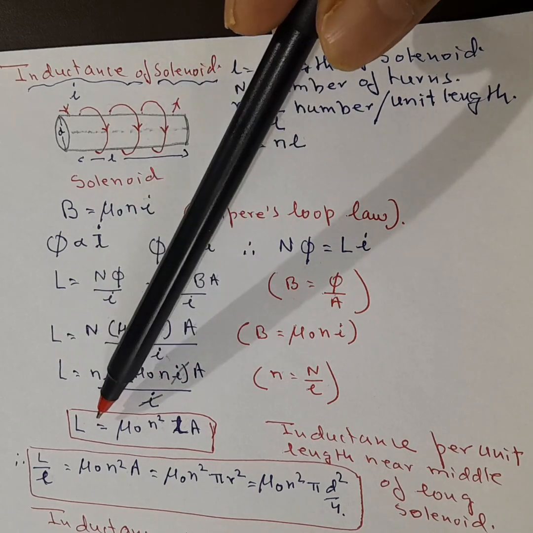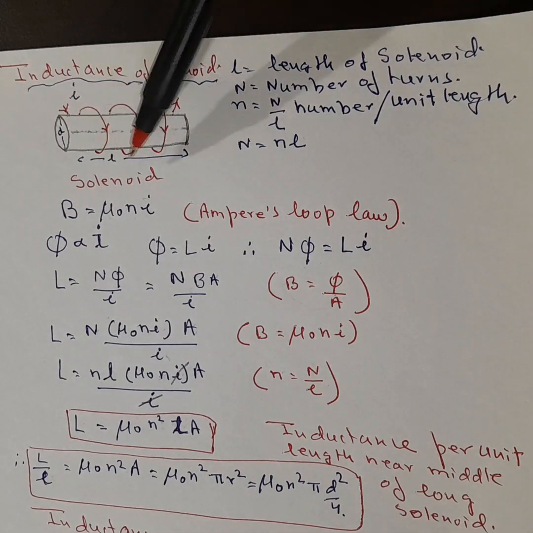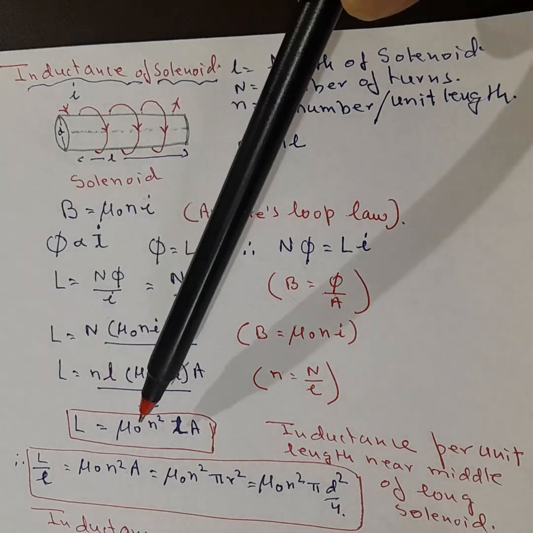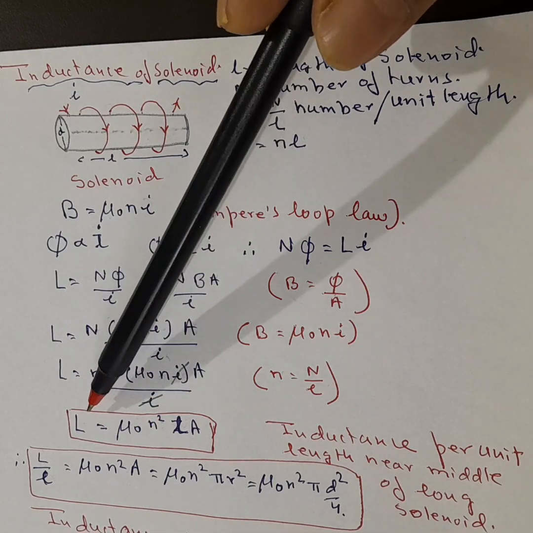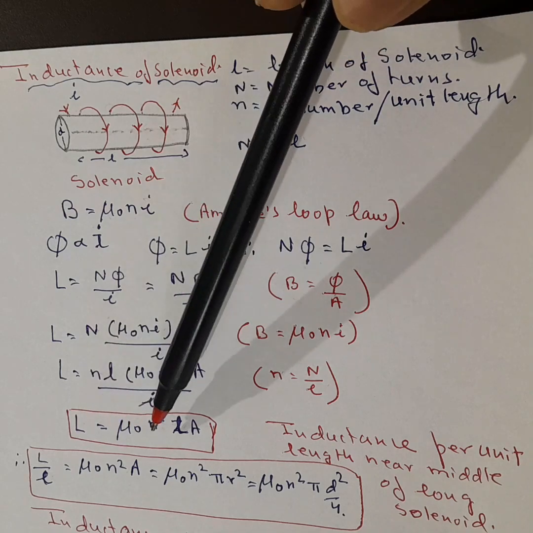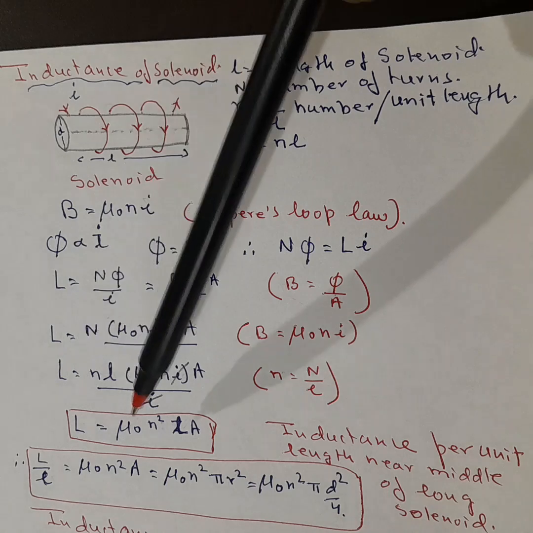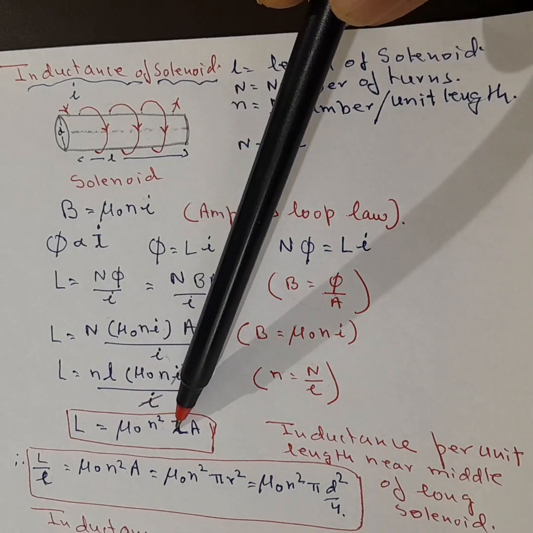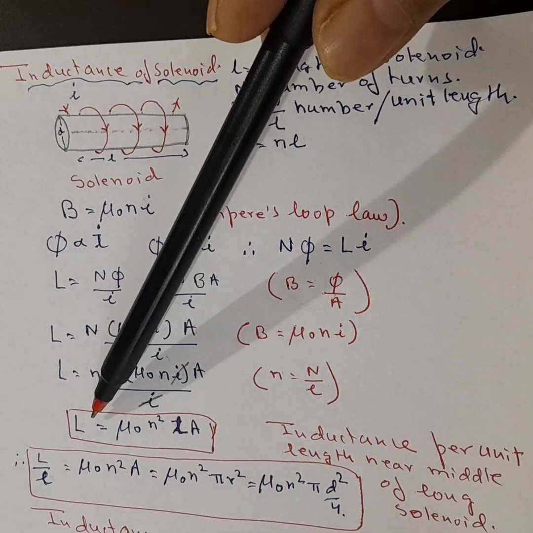So the basic formula for inductance of a solenoid with coil wound around it with capital N number of turns and small n number of turns per unit length is: inductance is equal to mu 0 into small n square, small n being the number of turns per unit length, into length into area. So this becomes our formula for inductance.